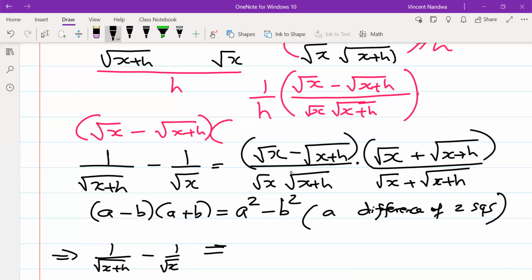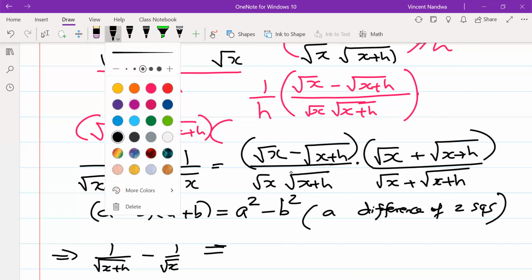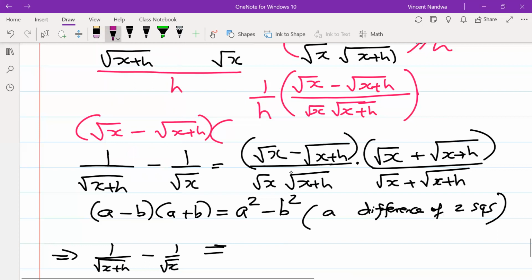Okay, let me just write it. Root x squared, which is just x, x minus, yeah, x plus h, okay?